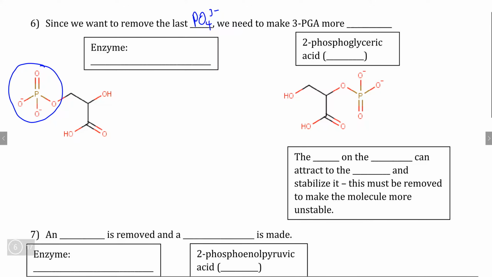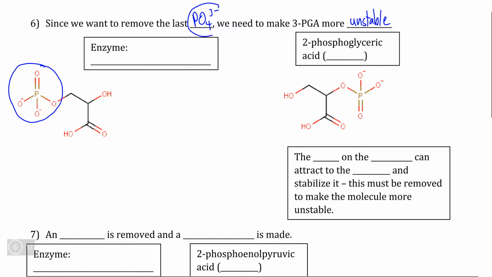So if you remember how we removed the previous phosphate from 1,3-BPGA, essentially what we did is we made a molecule that was so unstable that the phosphate within 1,3-BPGA wanted to break off and rejoin ADP in order to make ATP, and we are going to be doing exactly the same sort of thing.